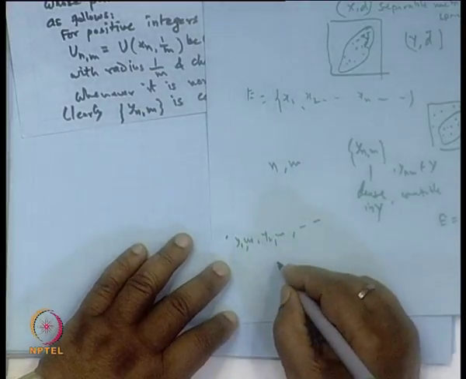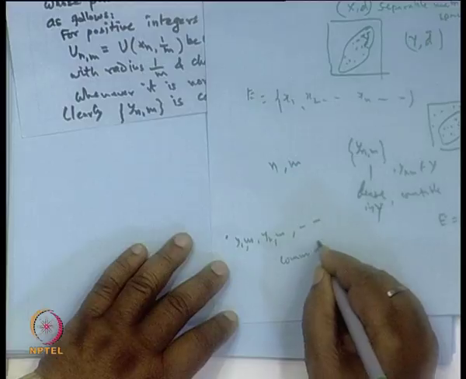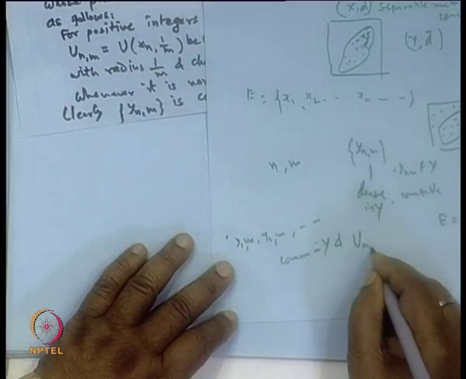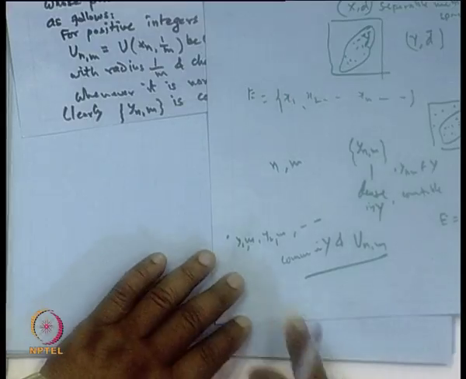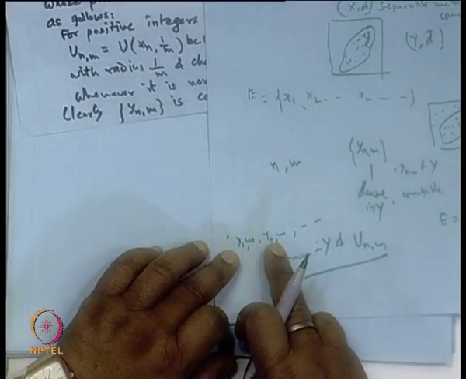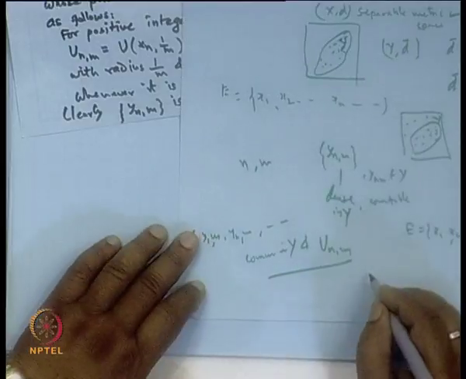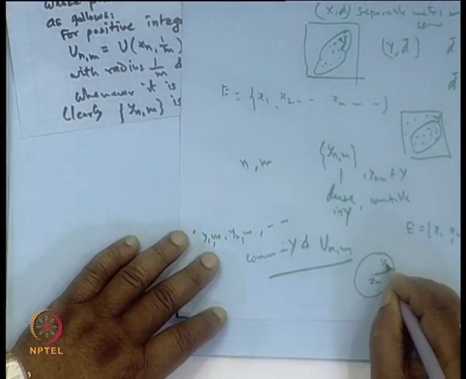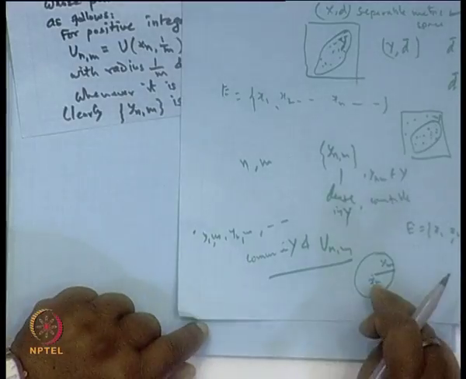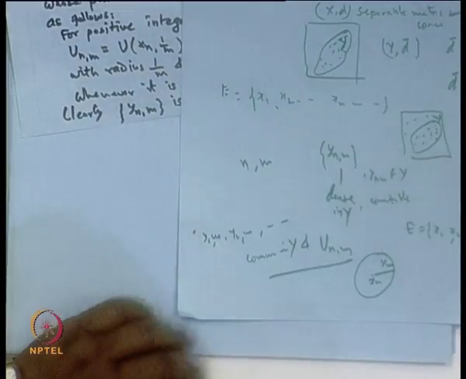These are the points common in Y as well as U_nm. Is it correct? Now, these points, if you remember, are basically the points in the ball centered at x_n with radius 1/m, and x_1, x_2, x_n is already given to be countable.